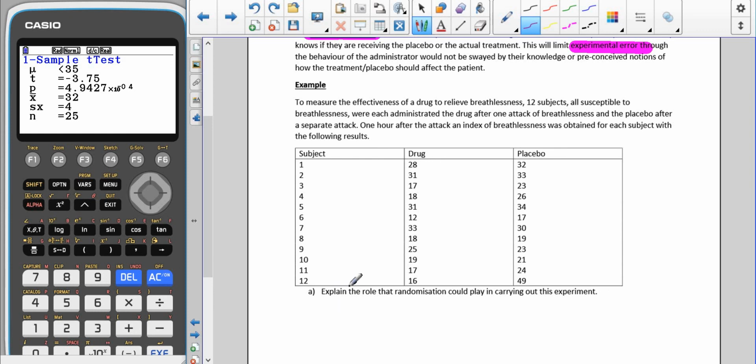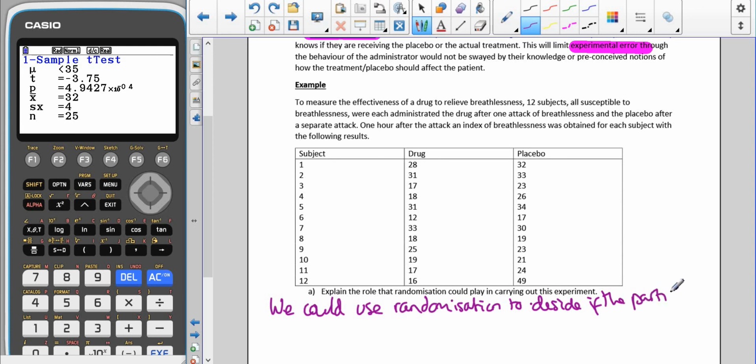So we're trying to explain the role randomization could play in carrying out the experiment. So we could use randomization to decide if the participant receives the drug or the placebo first.